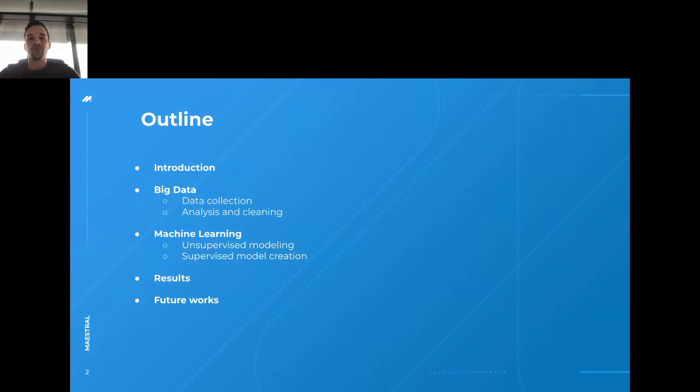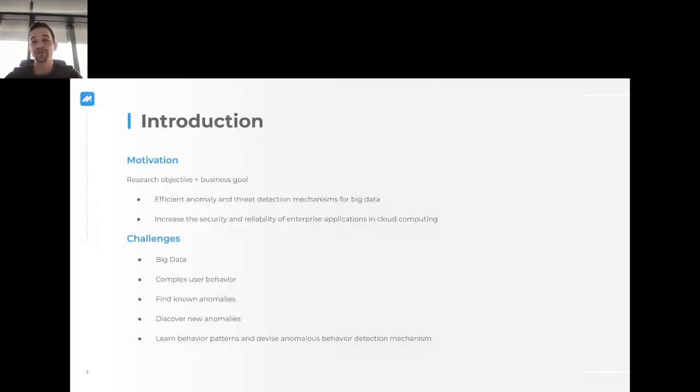Okay, so we have a research objective in which we want to create an efficient anomaly and threat detection mechanism for big data, and a business goal, that is an industry goal, in which we want to increase the security and reliability of enterprise applications in the cloud. The main challenges we knew from the beginning were big data. We have to store it, we have to process it, we have to analyze it. It's a big challenge.